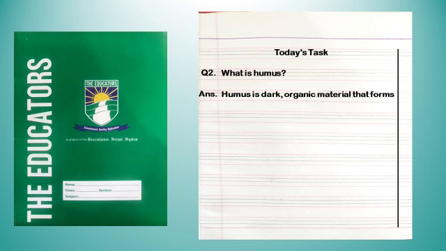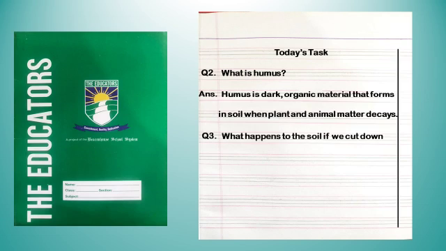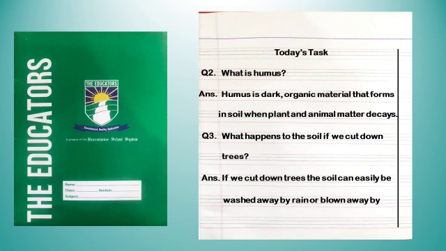Answer: humus is dark organic material that forms in soil when plant and animal matter decays. Question number 3 is, what happens to the soil if we cut down trees? Answer: if we cut down trees, the soil can easily be washed away by rain or blown away by wind.